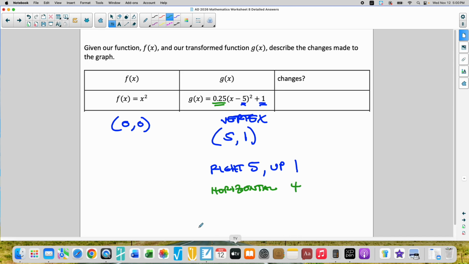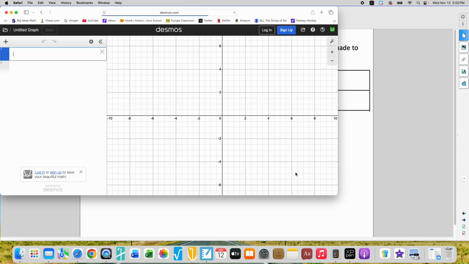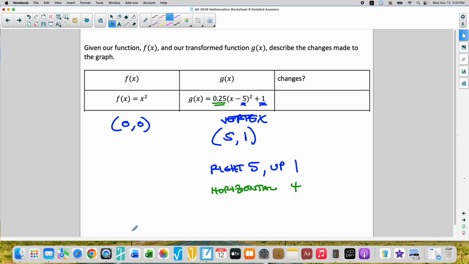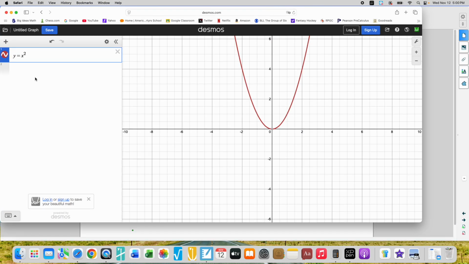So let's go to Desmos real quick. If we take the parent, y equals x squared, that is our parent equation. F of x means the same thing as y.